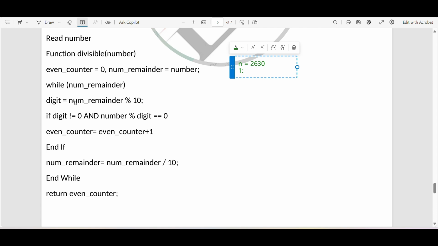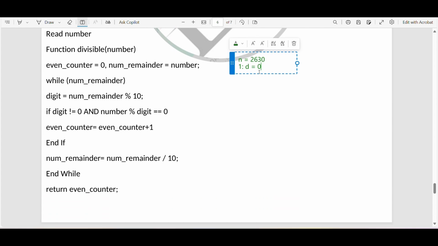So here we are having digit equals num reminder percent, which means modulo 10. That means, as I have said, you will be getting the last digit. So digit is 0 now. And next, if digit is not equal to 0 and number modulo digit equals 0, then you need to do this.